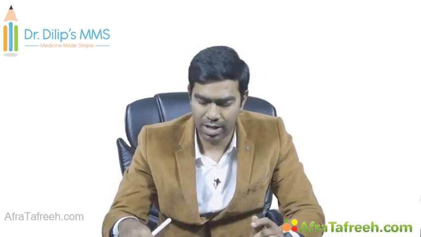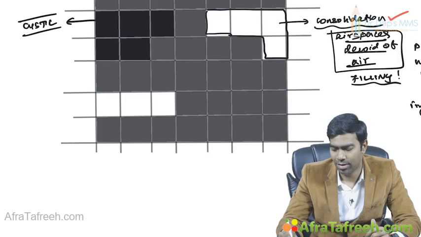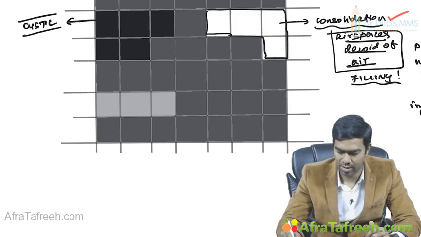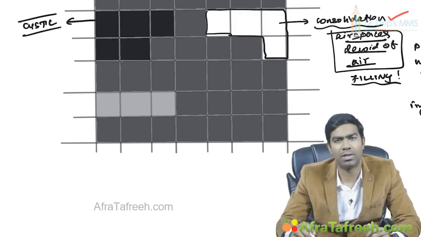Then, there are certain areas, I told you, where the air spaces are completely devoid of air, which means complete displacement of air. That's your consolidation. But if there is only a partial displacement of air, which means there is some air which is still there, but you have a partial displacement of air.